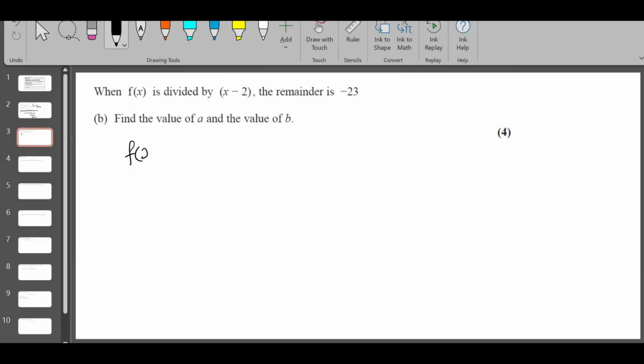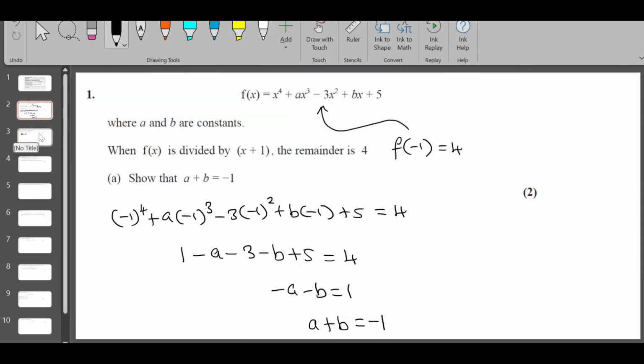That means f of 2 will be equal to minus 23. So in the function, I'm going to replace x by 2 now.